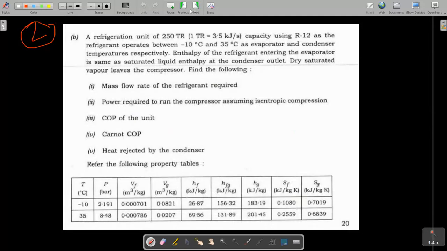So the question says, a refrigeration unit of 250 ton, so the total amount of heat that the condenser extracts is QE. QE is 250 ton, where 1 ton is equal to 3.5, and using R12 refrigerant, and the refrigerant operates between -10 and 35 degrees Celsius as the evaporator and condenser temperature.